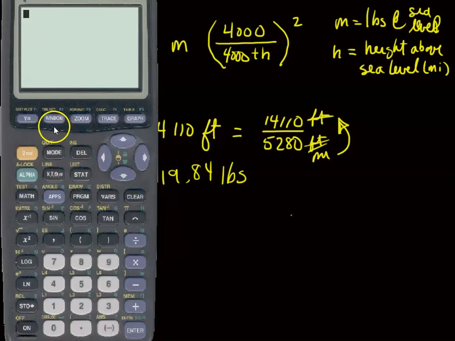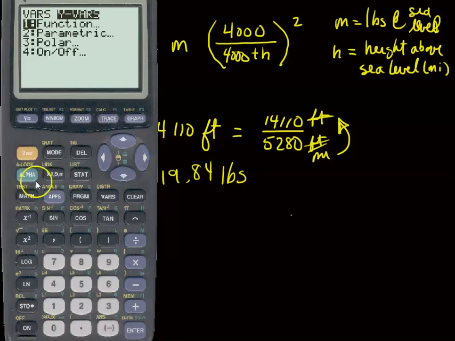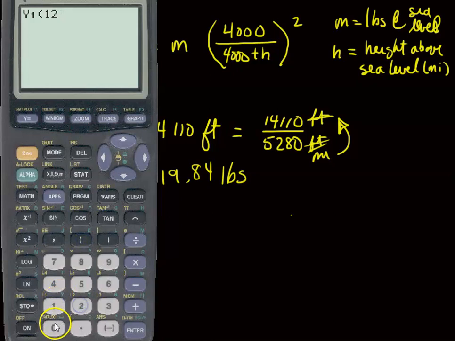And you can use Y, just like f of x, Y of X. See this VARS here? Right arrow to Y-VARS. Number 1, Function. And Y1 is where we put that. Of 120.